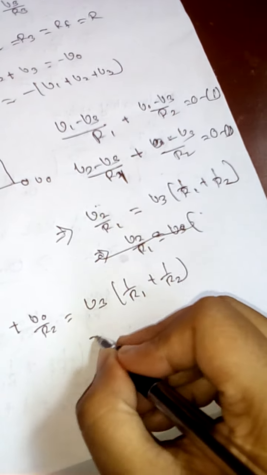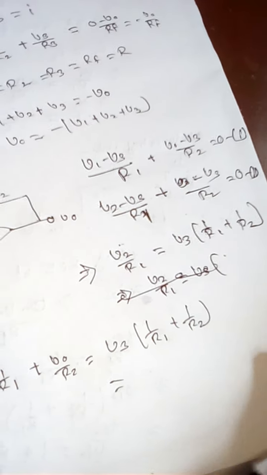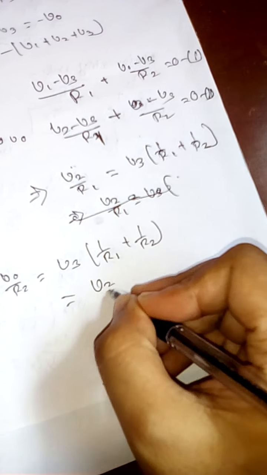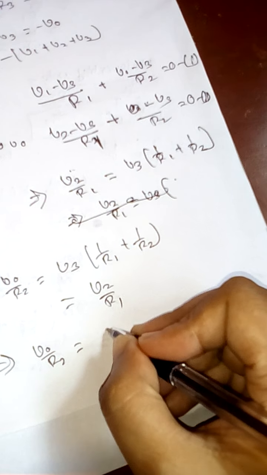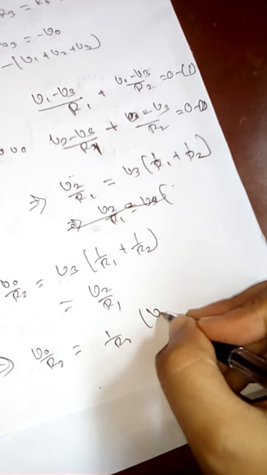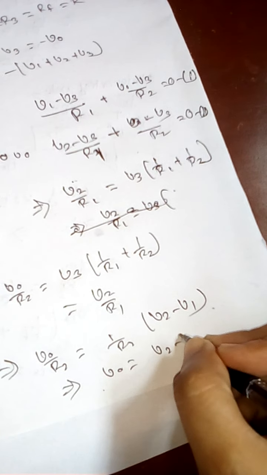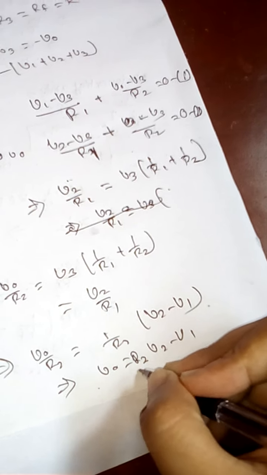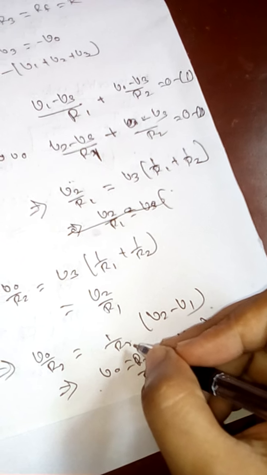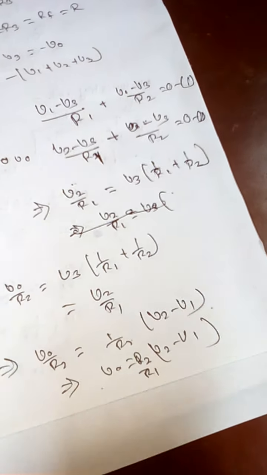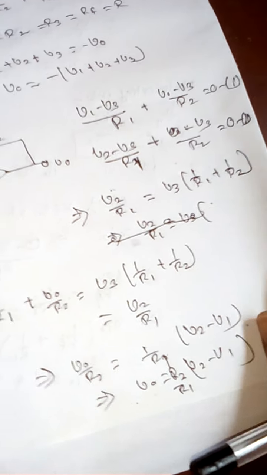So from the equation we can write V2 by R1 minus V1 by R1 equals V0 by R2, so V0 equals R2 by R1 times (V2 minus V1). So the output voltage is the difference between the two input voltages.